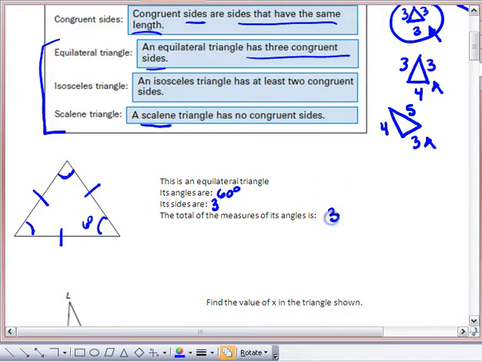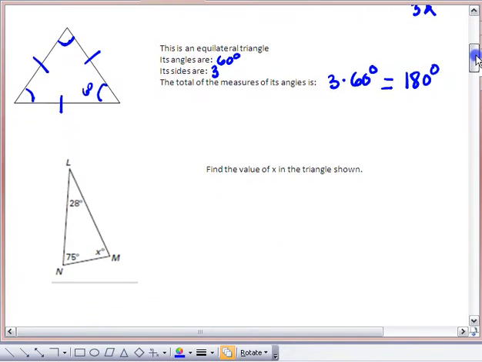If I take three sides times 60 degrees, that means that the total measure of all the angles inside this triangle is 180 degrees. That's true of all triangles. So, because this is true, we can discover angles like x here.